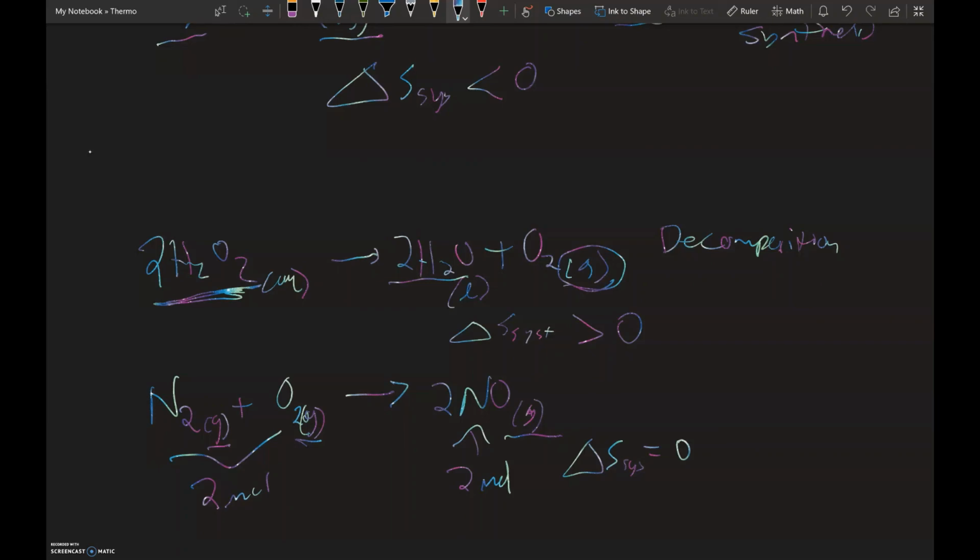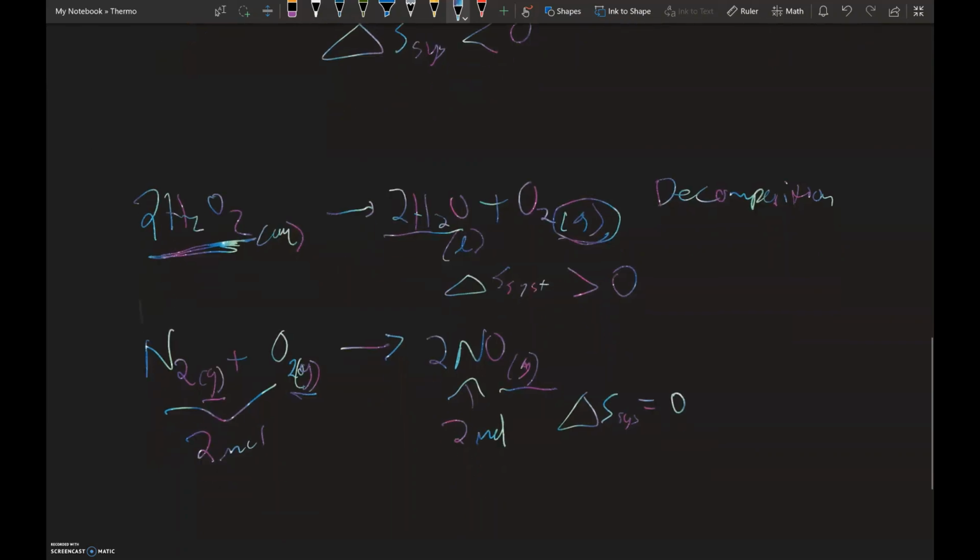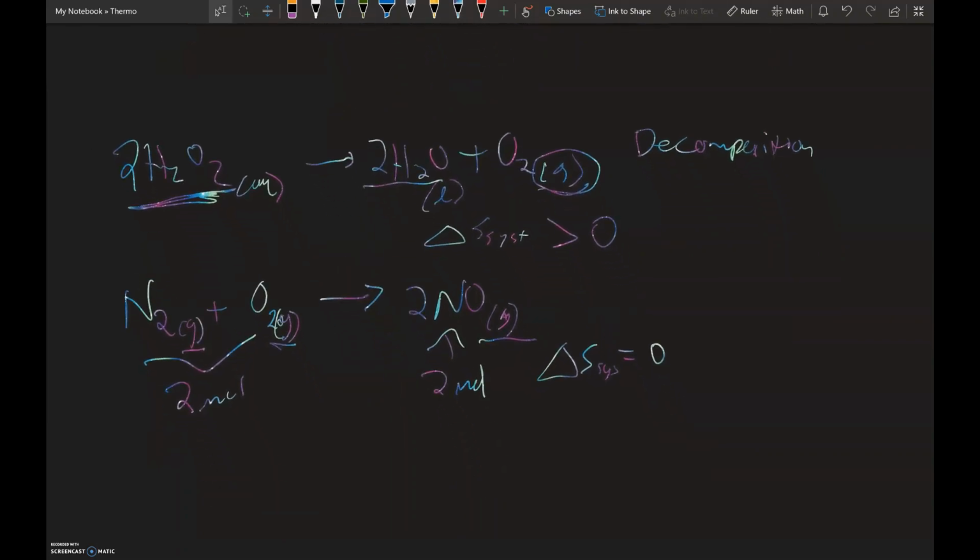So the entropy of the system is going to increase for that. And the last one, the type of reaction doesn't help us determine what happens to the entropy. What we had to pay attention to were how many moles of reactants and products there were, and the physical state that each of those possessed. With them all being the same physical state, we didn't see a change in either part, so the entropy change of that system is equal to 0.